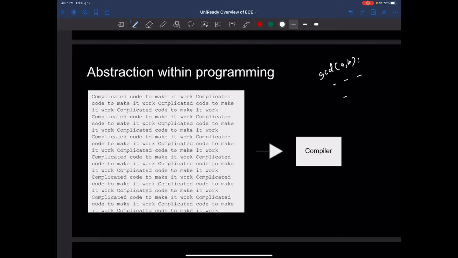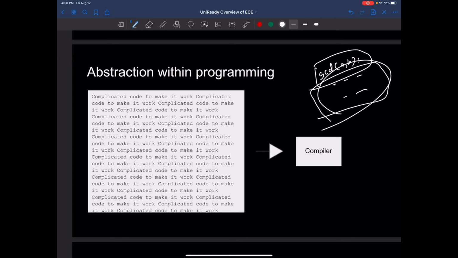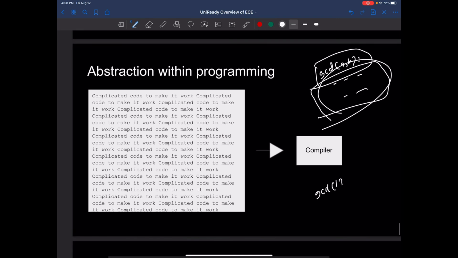It does whatever, but really if you want to use the function, you don't care about how it does it, you just want to use the function itself. So functions allow you to abstract this functionality, this code away from using the function. And in your code you can just write GCD and you can call it, let's say like 13, 14, right? And this will output, in this case, just 1.